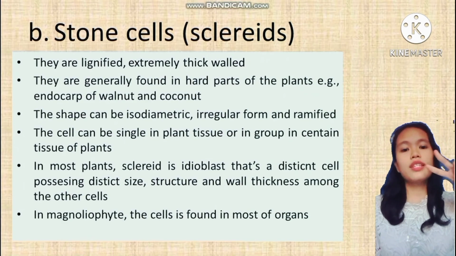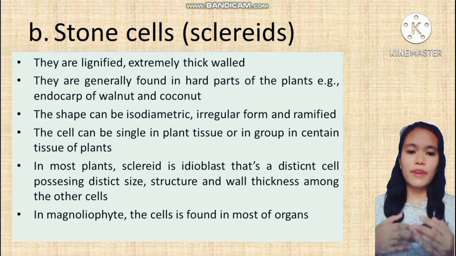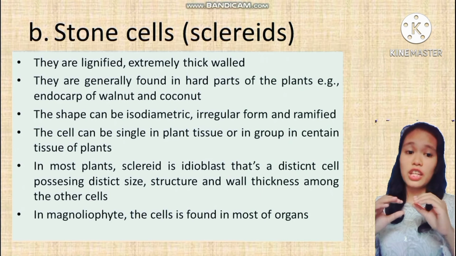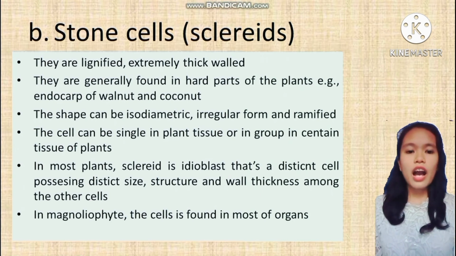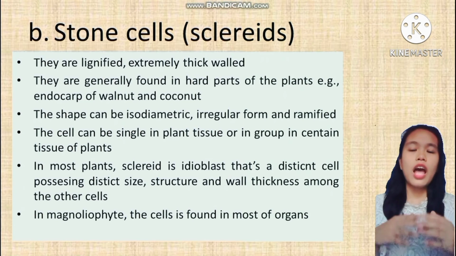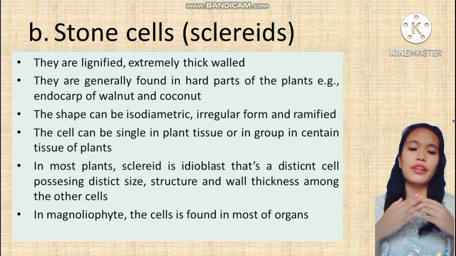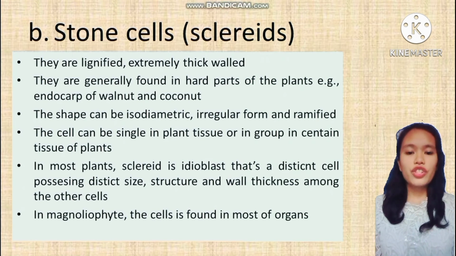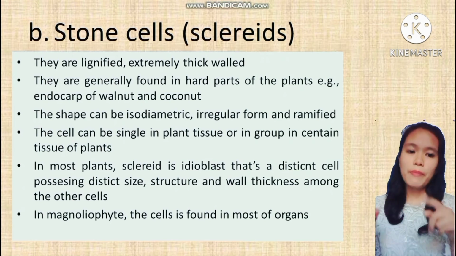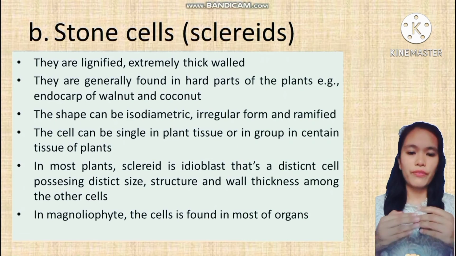Second, stone cell or sclereid. They are lignified, extremely thick walled. They are generally found in hard parts of the plant. Example, endocarp of walnut and coconut. The shape can be isodiametric, irregular form, and ramified.